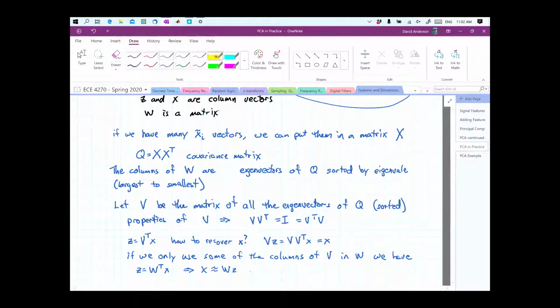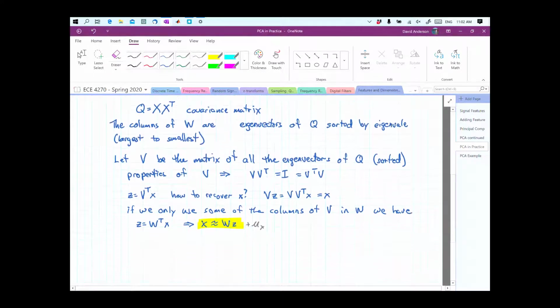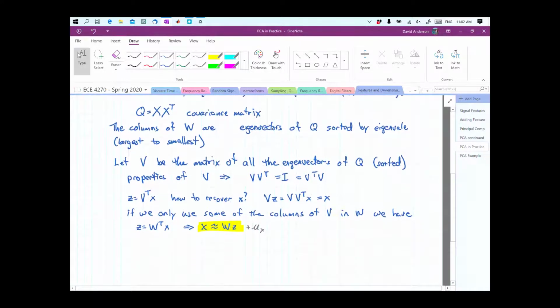So this is the approximation that we talked about with the PCA theorem. In general, you would have to add back in the mean of x if you didn't have a zero mean x value to begin with.